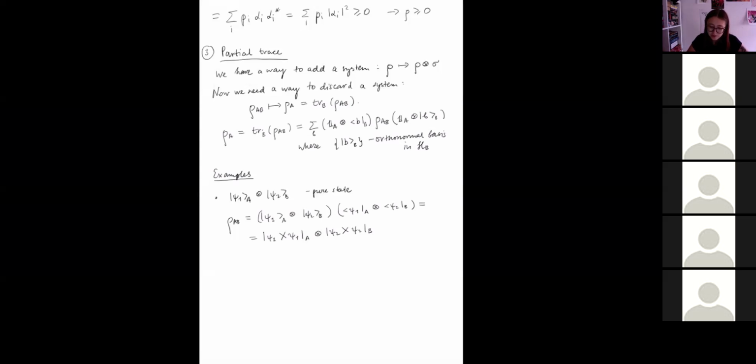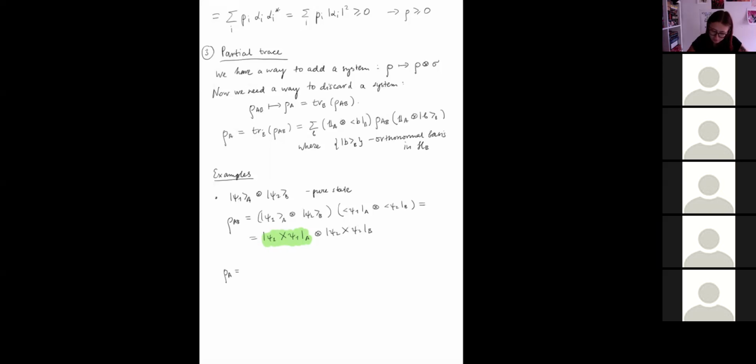Of course the intuition here is that because in the beginning the states of systems A and B were separated from each other, the operation of taking the partial trace should not show any correlation between systems A and B. So as they were separated in the beginning, in the end what we would expect is just to have a reduced state of the system A as just this part of the joint state of the systems A and B. And so let us confirm this intuition.